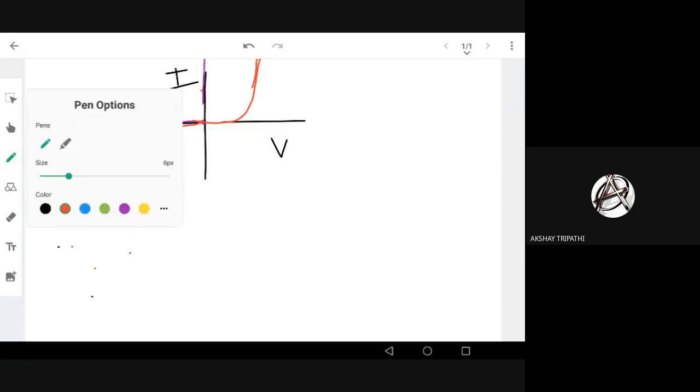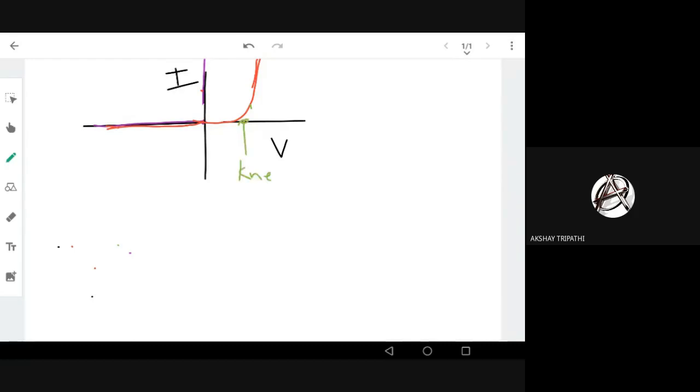Beyond this knee voltage, the diode is conducting heavily. Usually in silicon, the knee voltage or voltage drop is 0.7 volt. In germanium, it is 0.3 volt. Okay, so this is not ideal.